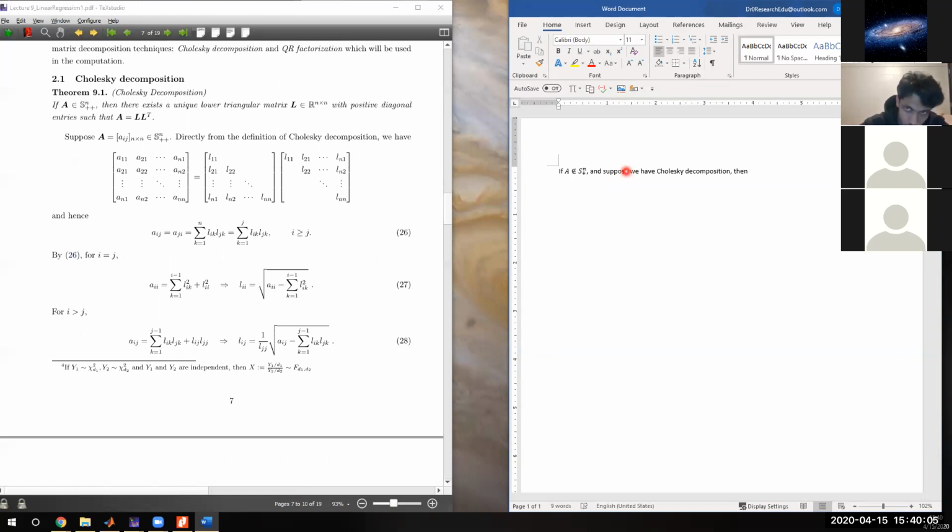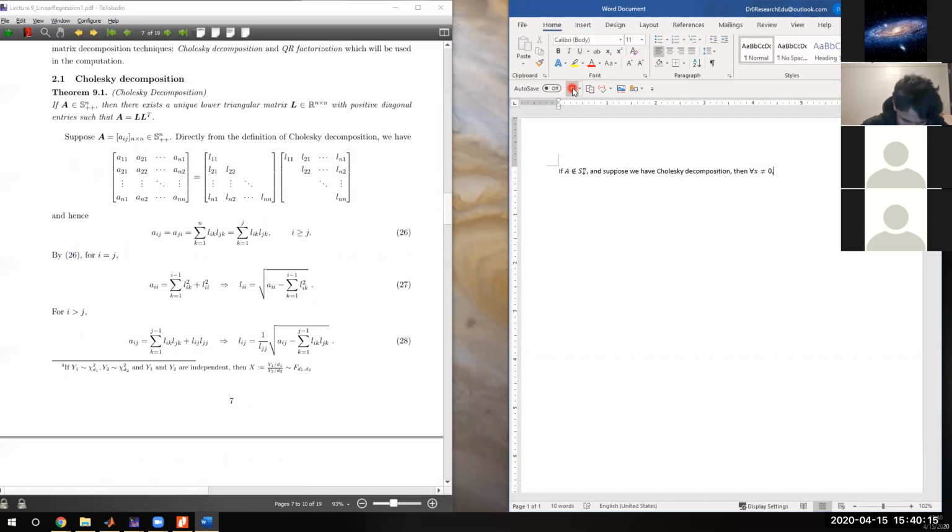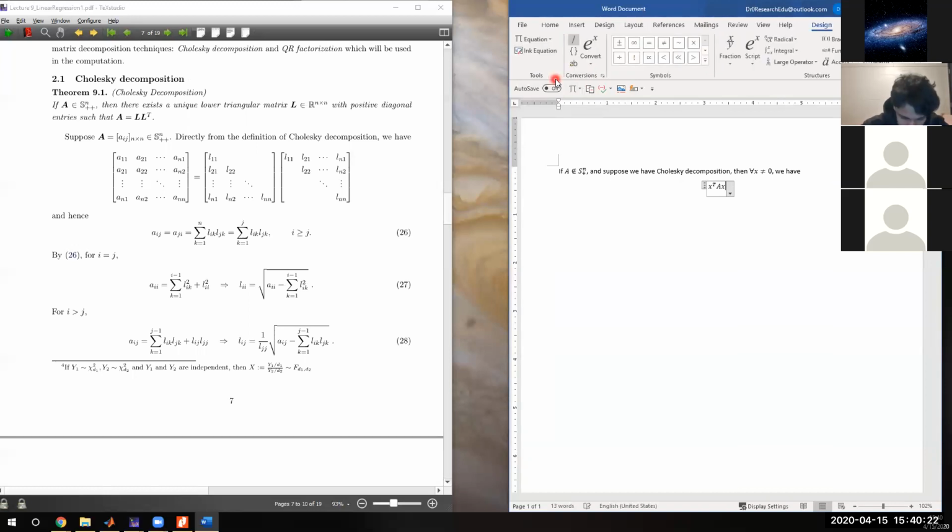Then what's going to happen is that for any x not equal to 0, we have x^T A x equal to x^T L L^T x, which is greater than or equal to 0, right? This part I don't mention, this is too simple. This is x^T L times its own transpose. This equals something times something transposed, itself, where something is L^T x.